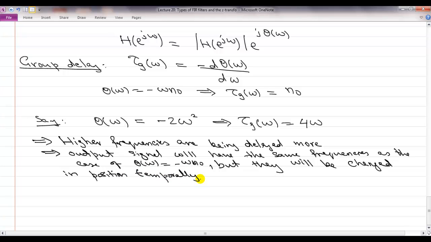So what time a frequency appears in time and what time another frequency appears, that could shift. And for signals where this information is really critical, like voice, what you could hear at the output could be completely different from what you intended. So this can cause the output signal to be different in nature.